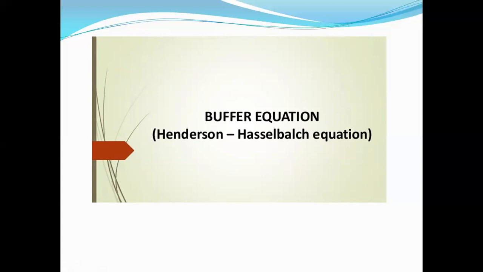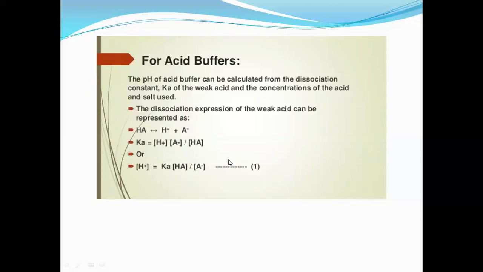The buffer equation, that is the Henderson-Hasselbalch equation. For acid buffers, the pH of an acid buffer can be calculated from the dissociation constant Ka of the weak acid, where A is for acid, and the concentration of the acid and salt used.